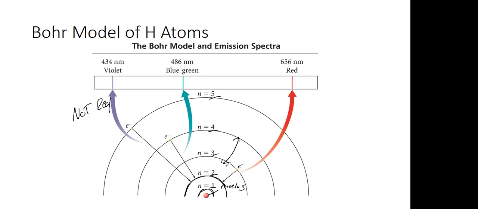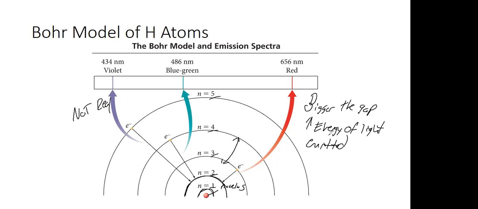Something about the Bohr model and about emission in general: the bigger the gap between energy levels, the higher the energy of light emitted.